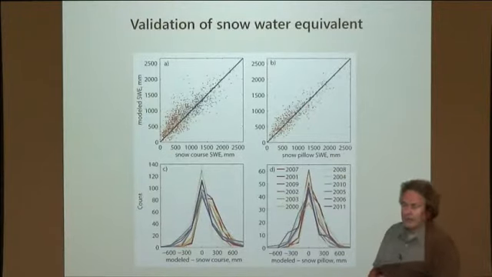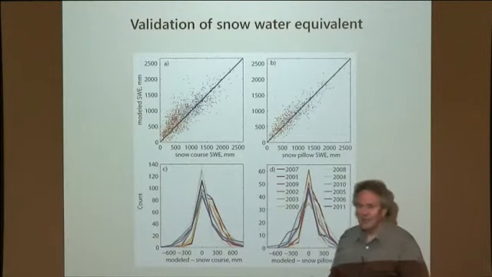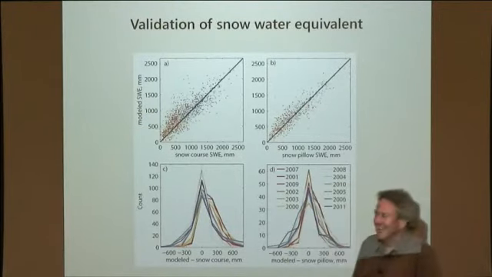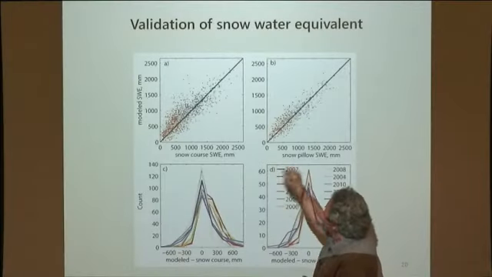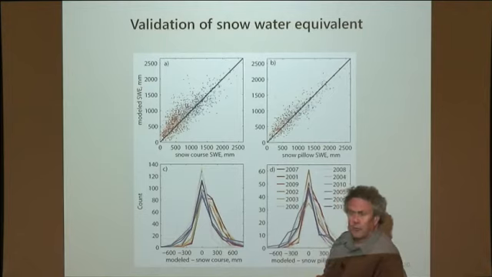And this still goes on because you need to make sure that the snow pillows are working, and it's a great job, too. There's very little turnover. If you want to get a job as a snow surveyor, you're going to probably wait a little while. But the nice thing is that those lines, those are just the one-to-one lines.